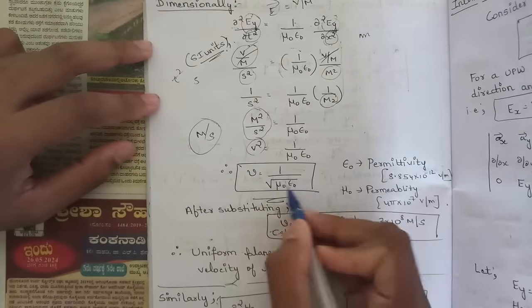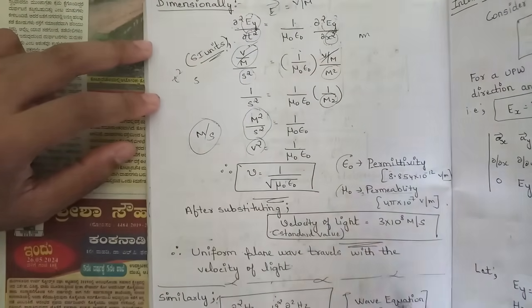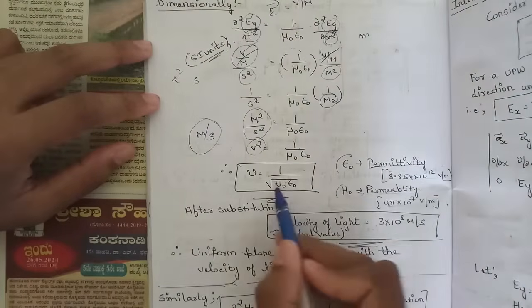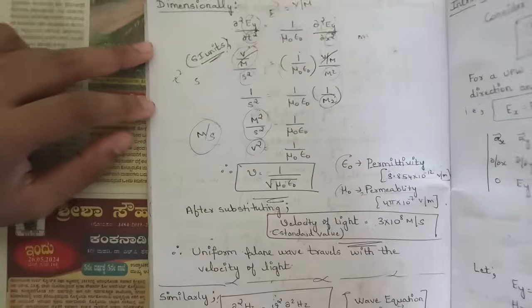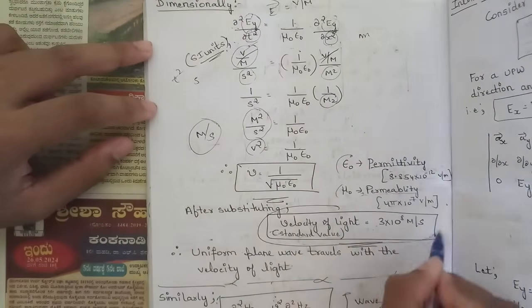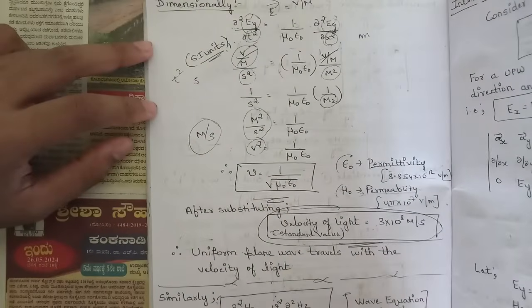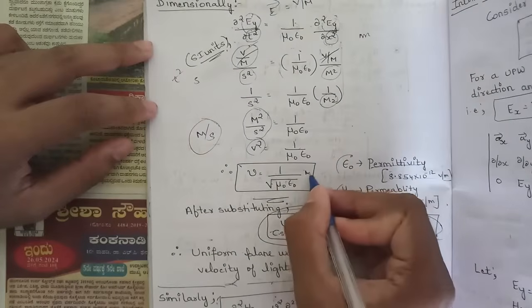I have told you that μ₀ and ε₀, the permeability and permittivity of free space, have fixed values. If we substitute those values, what we get is the standard value of the velocity of light, which you might know: 3 × 10⁸ meters per second.